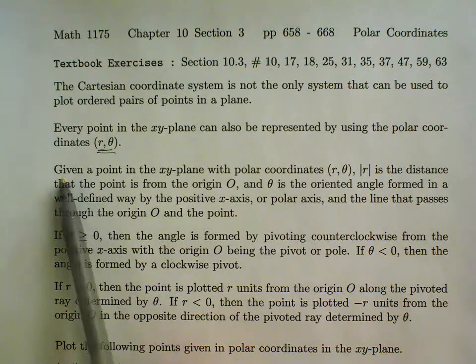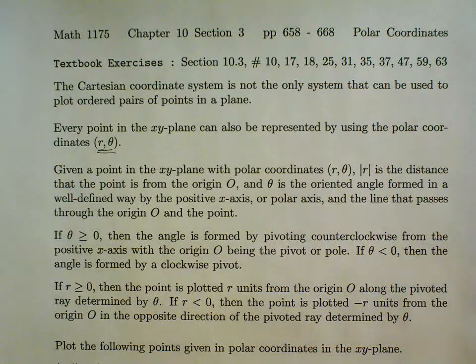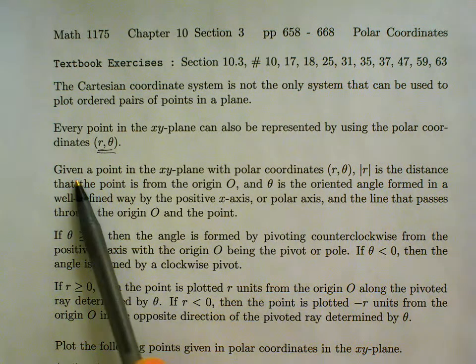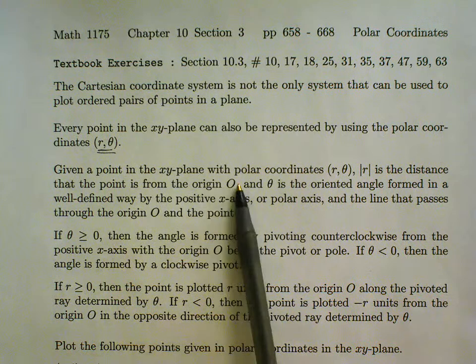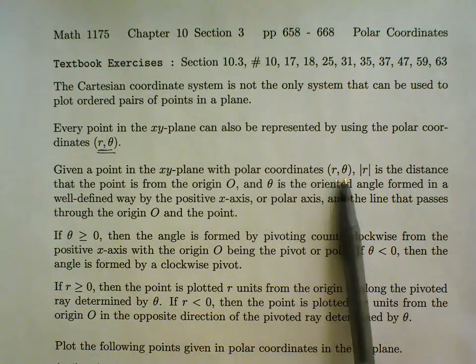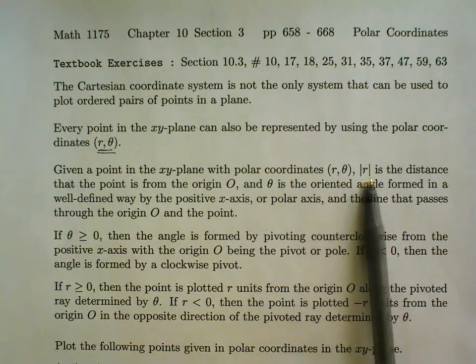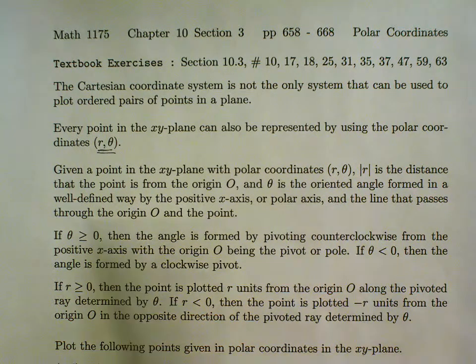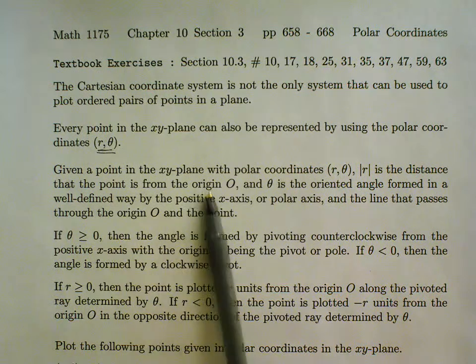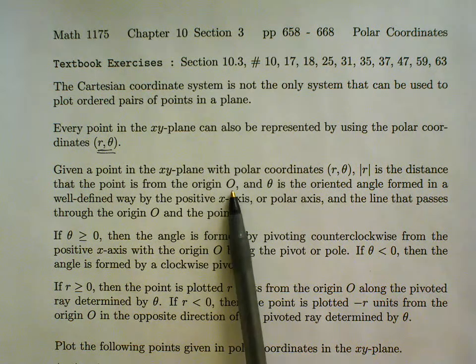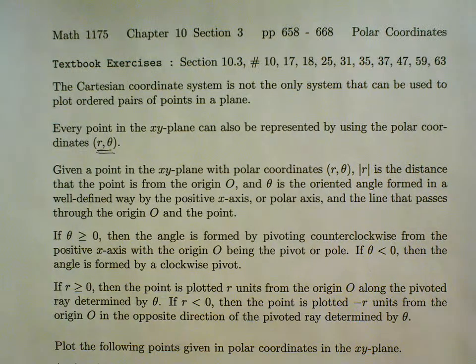Okay, so the next couple of sentences describe how that works. Given a point in the xy plane with polar coordinates r, theta, the absolute value of r is the distance that the point is from the origin, that is the point 0, 0, well, in x and y coordinates it is 0, 0.